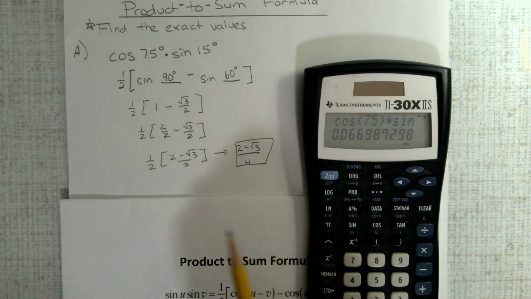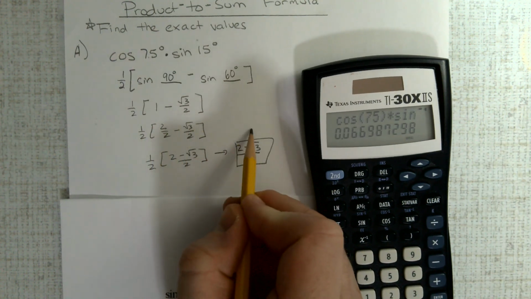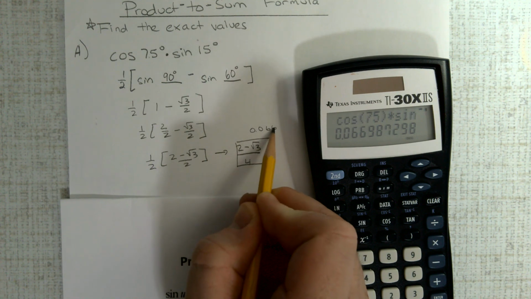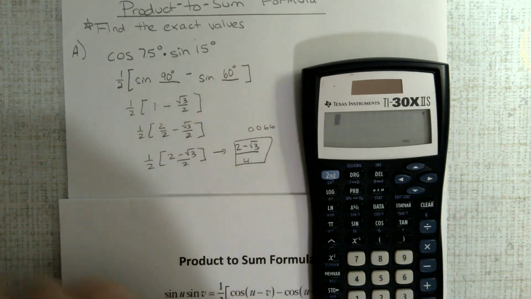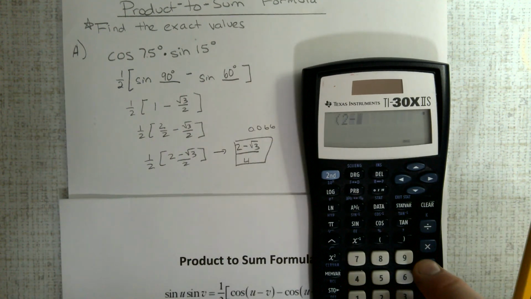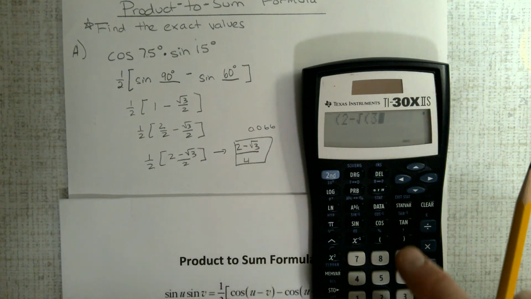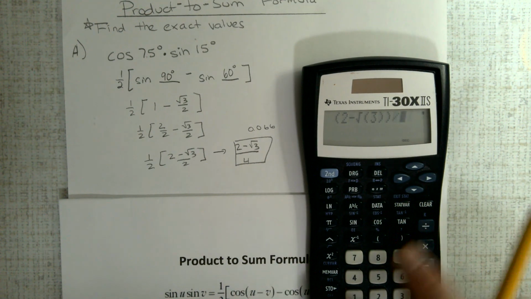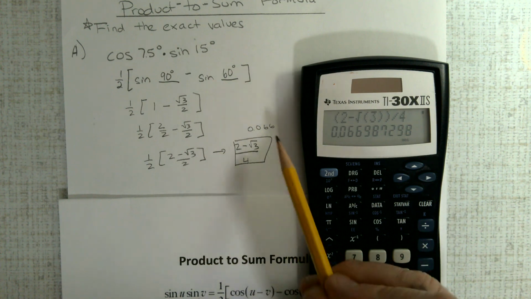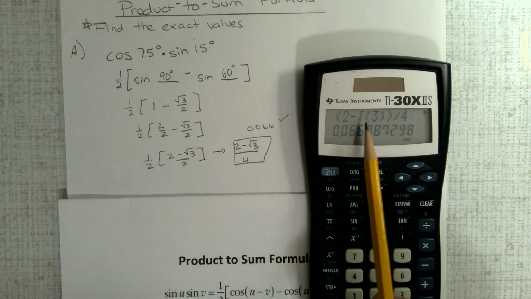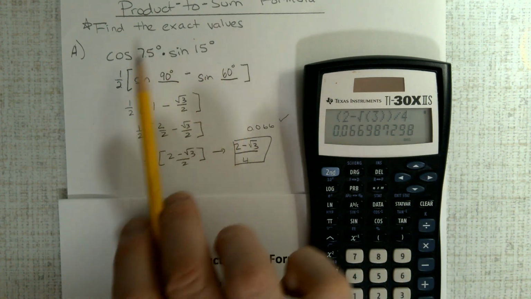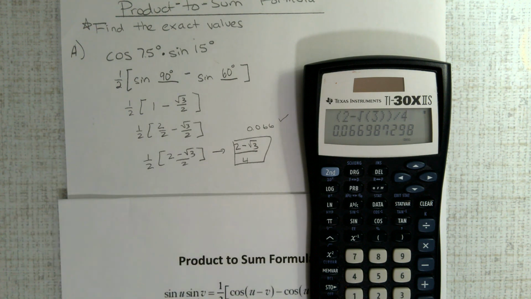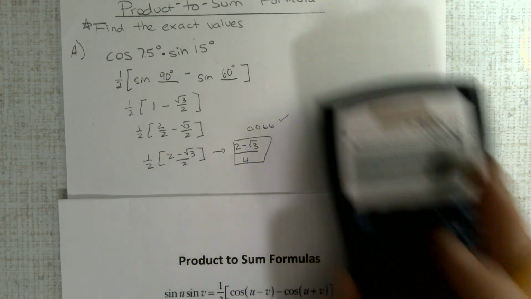And that decimal should be, let's write that right above it, 0.066. And now if I plug this in here, I have 2 minus root 3 divided by 4. And yeah, I'm going to get that same exact decimal. So always check it with a calculator. You want to be able to do all this math without a calculator, or use a calculator to check it.